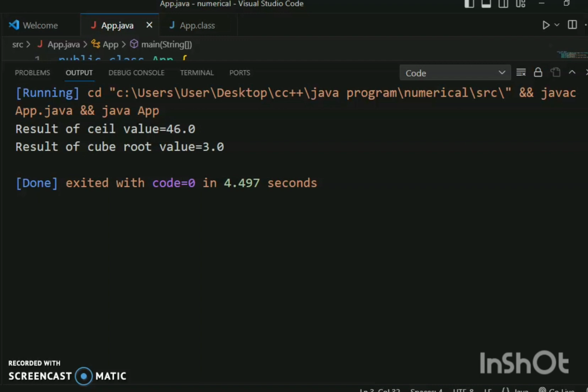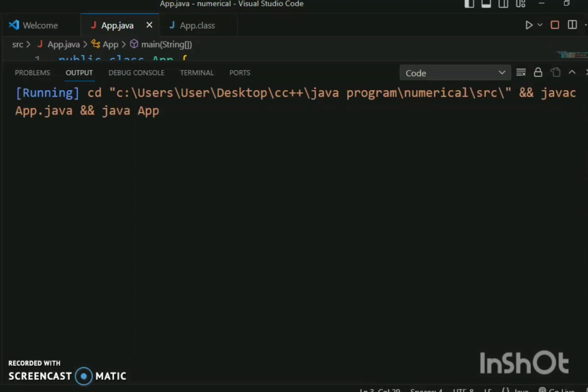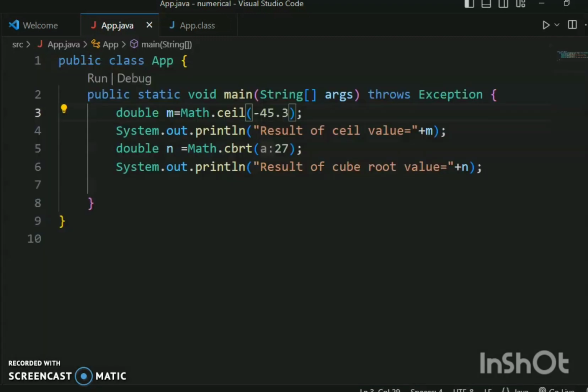But when I write minus 45.3, it is changed. We get the value minus 45. This is the greatest integer, because we use this function in integrations. Those who watch my channel know that I used to use this value in JEE.